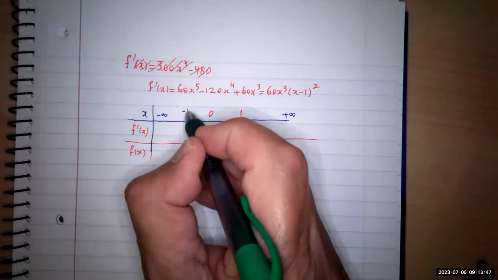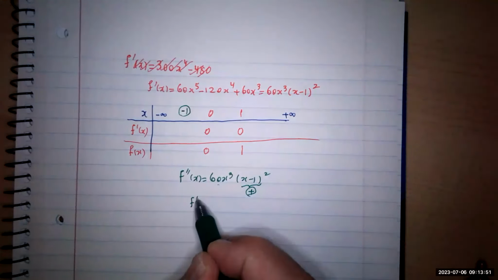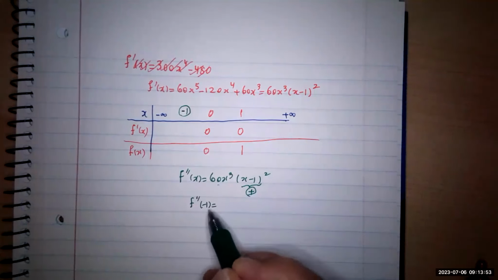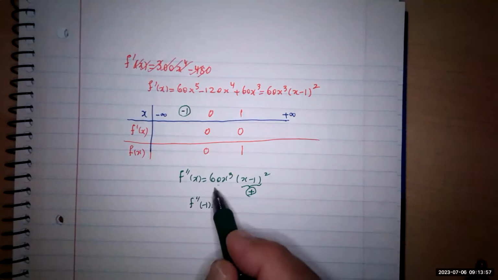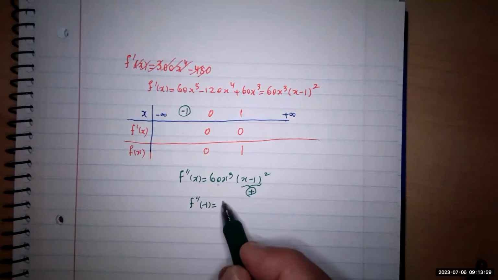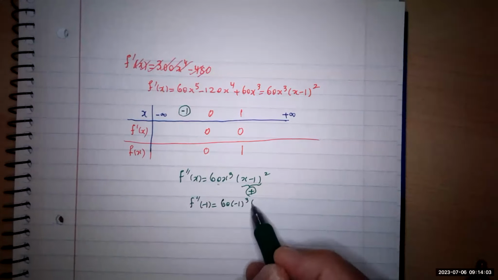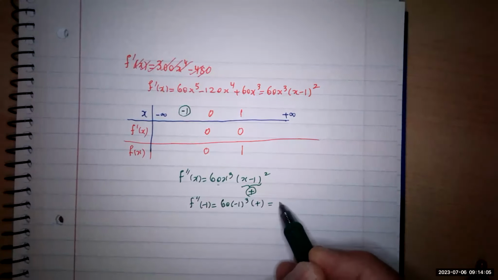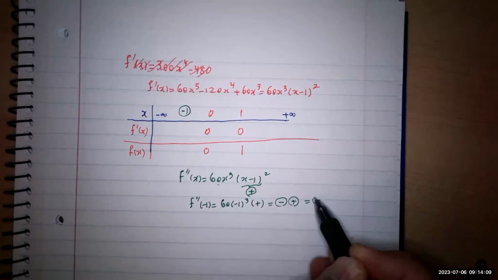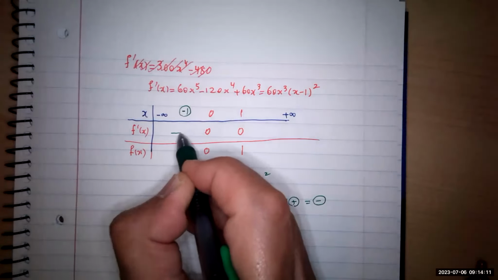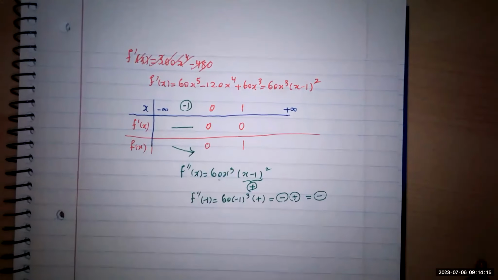If you pick negative 1, you get 60 times negative 1 cubed, which is negative, times a positive number. So that gives you negative, and the function is going down here. Any question?